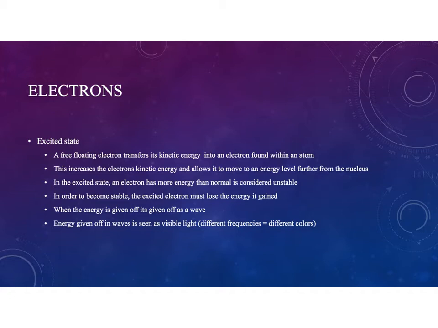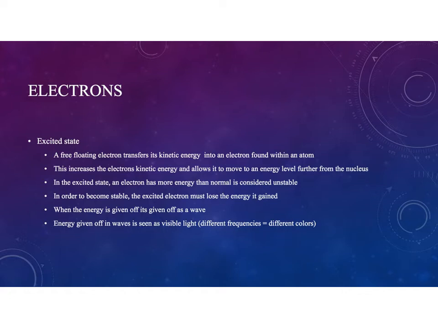These electrons have kinetic energy since they're moving around, and when they collide with another atom, they usually collide with another electron, giving it its kinetic energy, and therefore exciting that subatomic particle. This increases the electron's kinetic energy and allows it to move to an energy level further from the nucleus. So this establishes the notion that when energy increases, the electrons must move farther away from the nucleus.